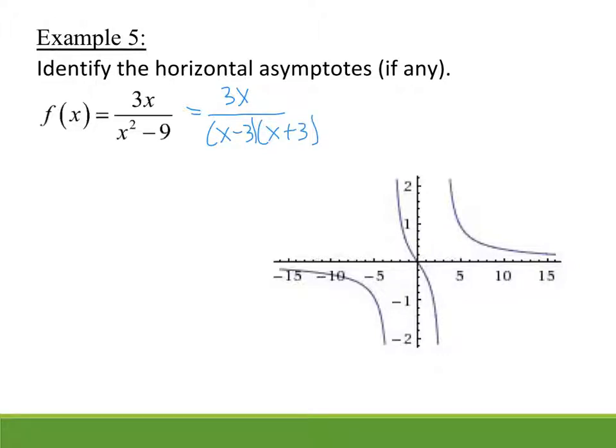So we have a vertical asymptote here and a vertical asymptote here. The horizontal asymptote we can see right away. Why? Because the degree of the numerator is 1 and the degree of the denominator is 2. Since 1 is less than 2, the horizontal asymptote is the x-axis.